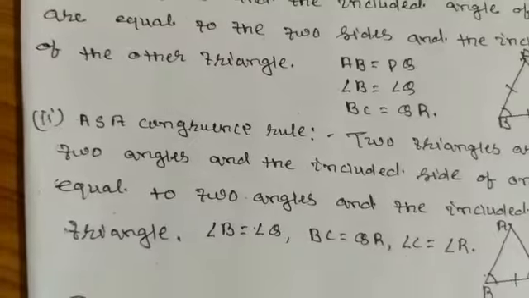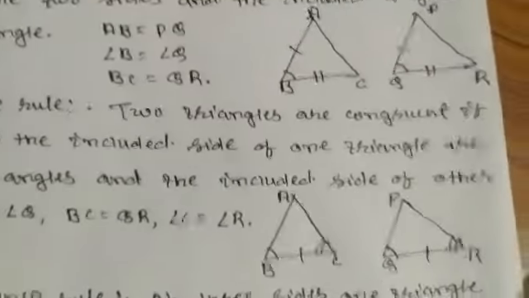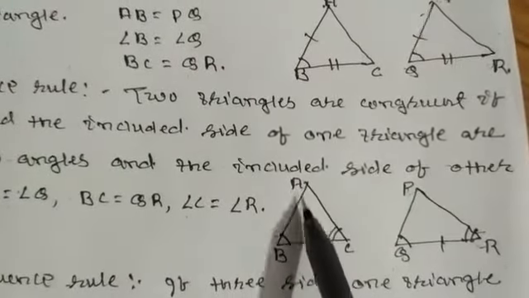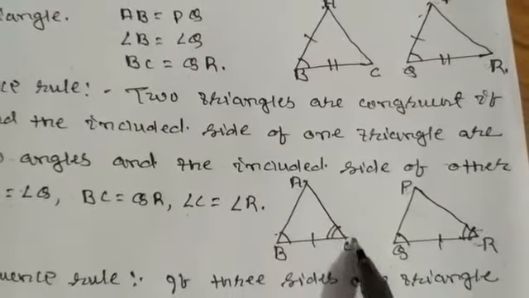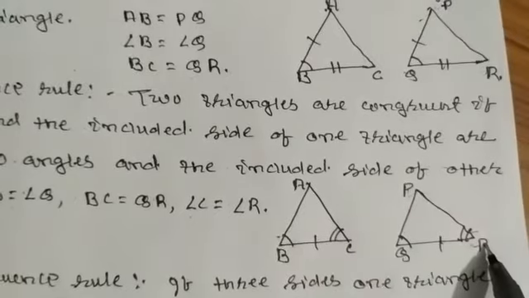So let's understand by figure also. Again we take two triangles, triangle ABC and triangle PQR.